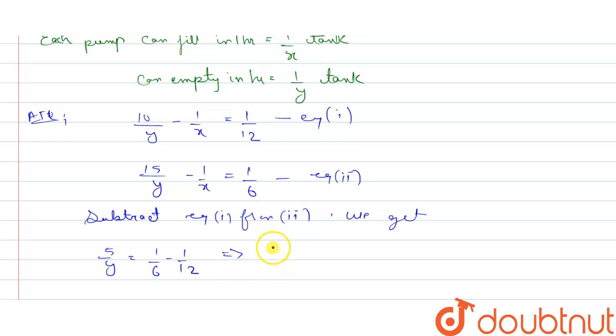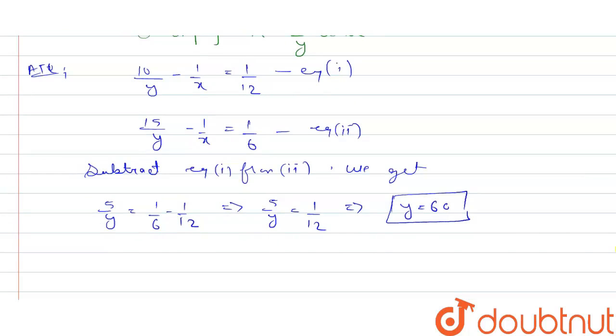This implies 5 upon Y equals to 1 upon 12, that is Y equals to 60. We got Y equals to 60. Now from this equation we'll get X, that is 10 upon 60 minus 1 upon X equals to 1 upon 12. This implies X equals to 12. We got the values of X and Y.